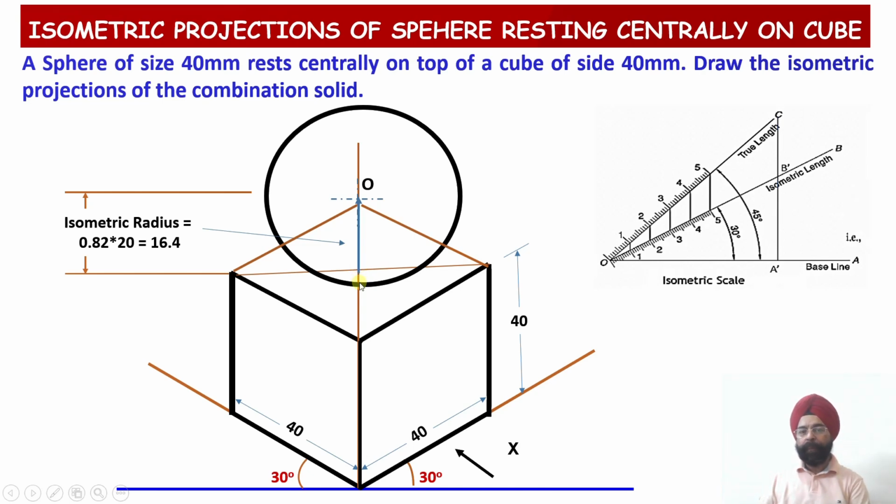But why does it appear to be moving forward a little bit? The reason is because this surface, you can see this surface is also inclined. So when you look at this inclined surface, even though the sphere is touching at one of the points on the circumference at the center of this cube, when you look at it from the top, you will feel that this sphere has been displaced by a shorter distance towards the observer.